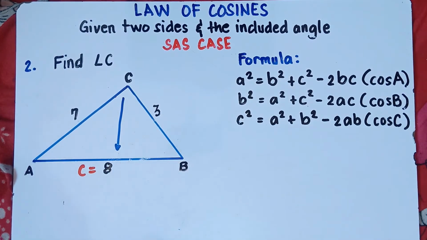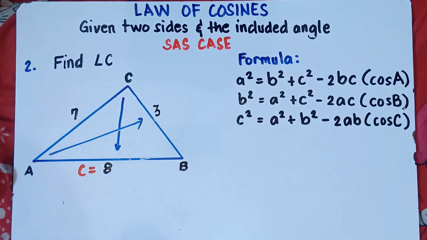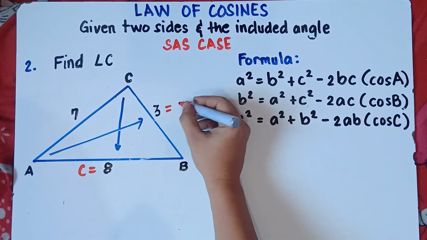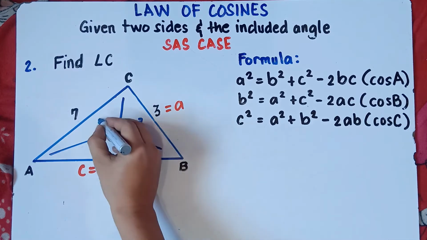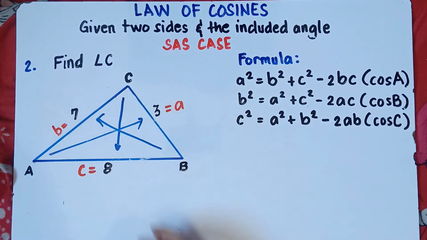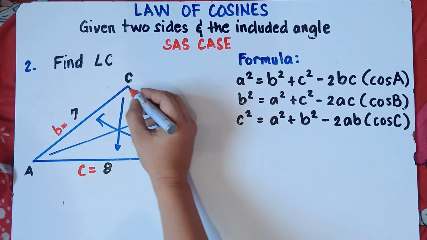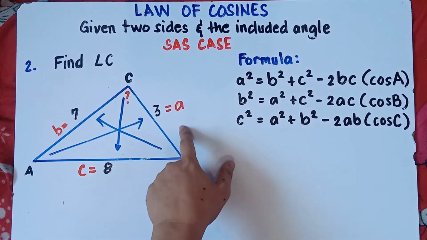So c is equal to 8. Opposite of this angle A, that would be your side a, small a. So our a is 3, and opposite of this angle B, that would be your side b. So our b is equal to 7. We're told to find angle C. So we have given side a, that's 3.